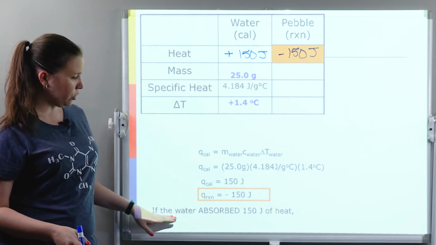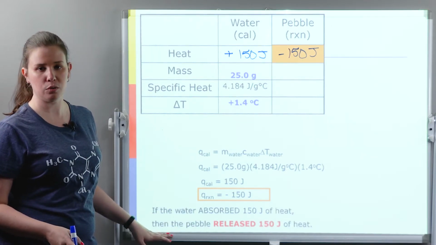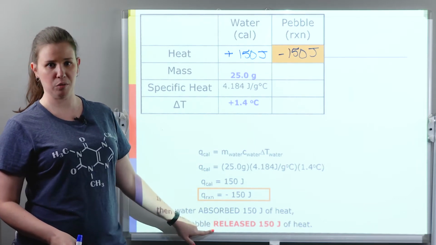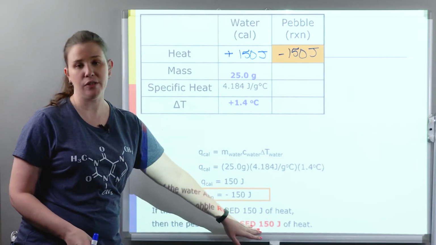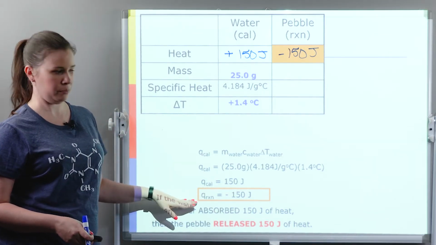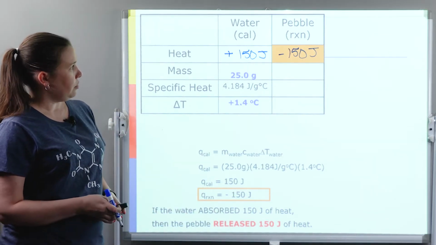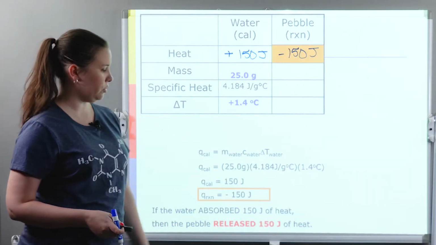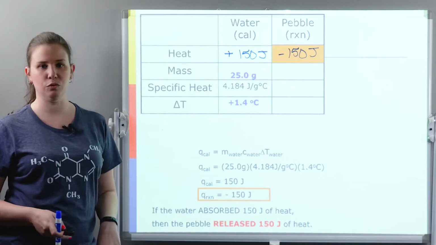If you're writing this in words, you would want to make sure that you're using the word released. I need to know that you understand it's exothermic. So you can't just give me 150. I need to know whether it's absorbing or gaining, whether it's positive or negative. All right, and it is 2 sig figs, by the way, because of our delta T, the 1.4. So it is 150 or negative 150 joules.